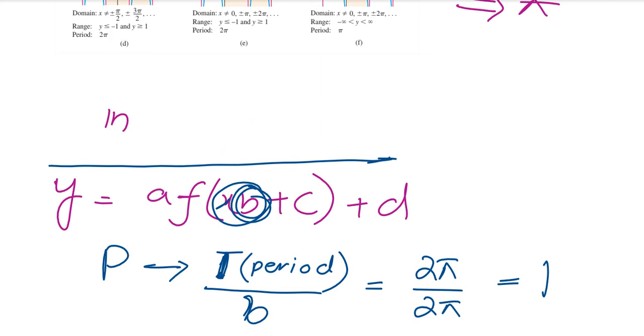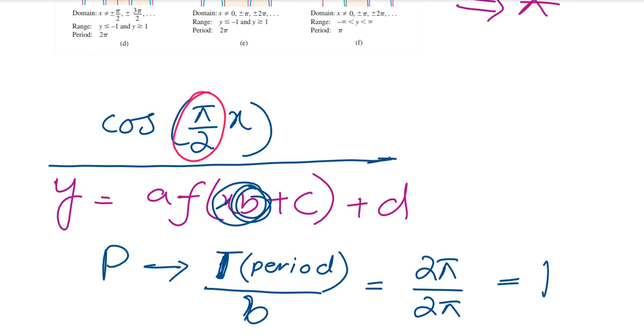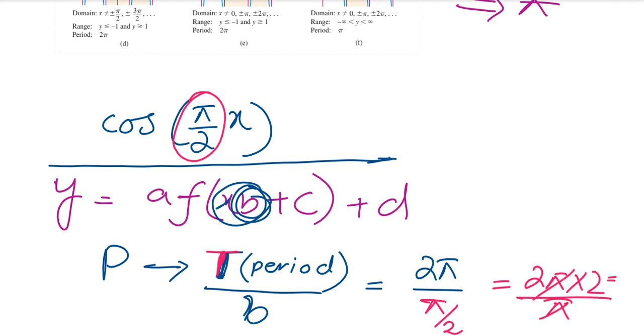Let's check out another example. Cos pi by 2 x. Again you can see the b value is pi by 2, and we already know the period of cos x is 2 pi. We just need to change the value of b over here. So the period that we get is 4.